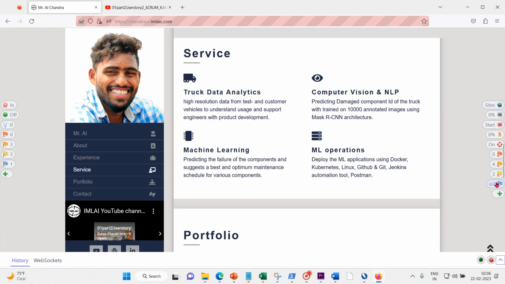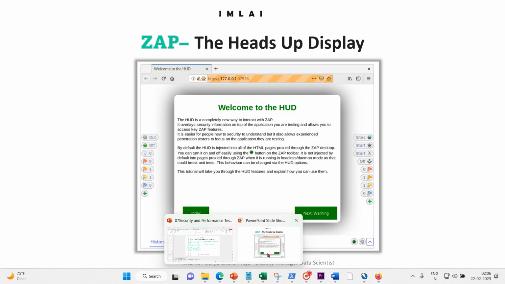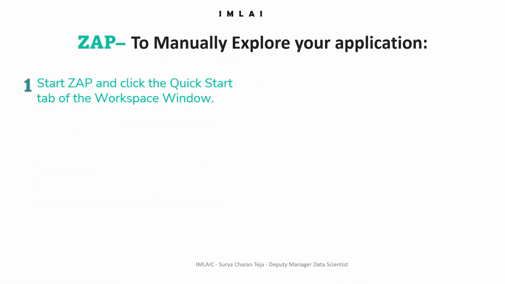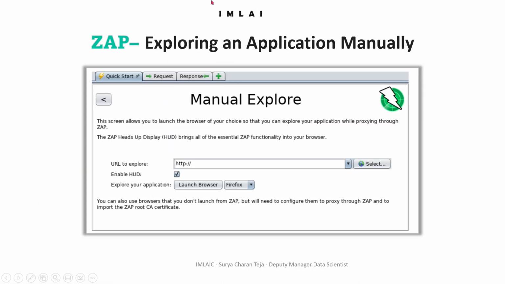Okay. Yeah. So there is not much change. So that means it's absolutely fine. So that's how we use it, exploring an application manually. That's how we explore the web application manually.